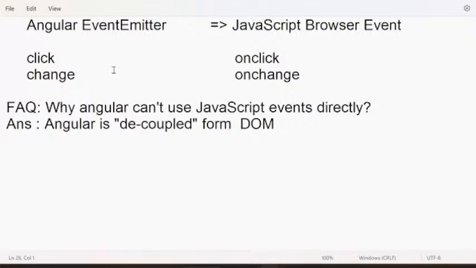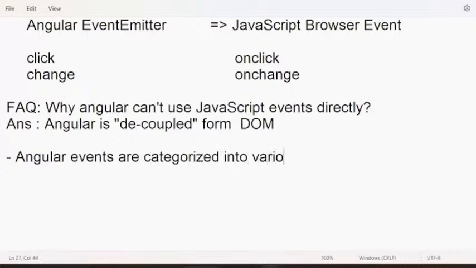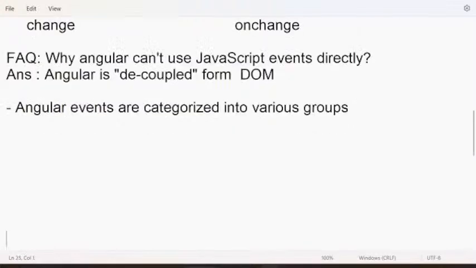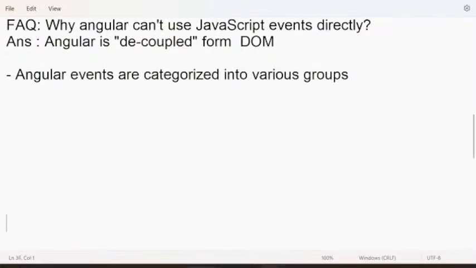And what is the base library for events in Angular? Event emitter. So here, Angular events are categorized into various groups. There are so many events which are the same as JavaScript event categories.